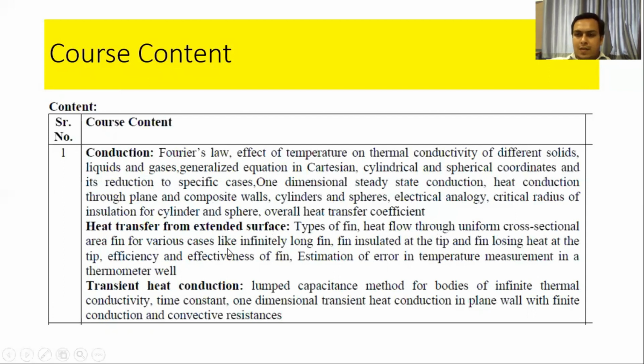There are 3 cases: infinitely long fin, insulated tip fin, and the heat loss from a short fin. These 3 cases you have to learn. Then two most important parameters regarding fins: the efficiency and effectiveness of fins.